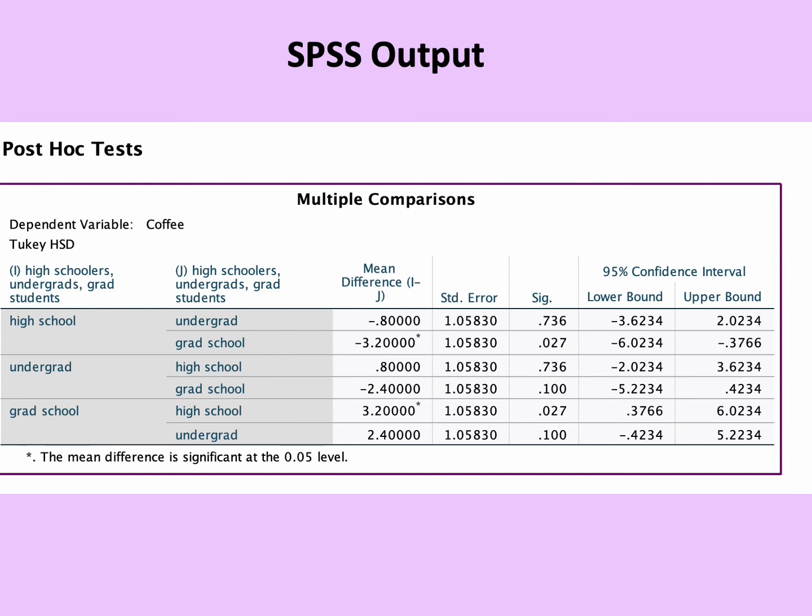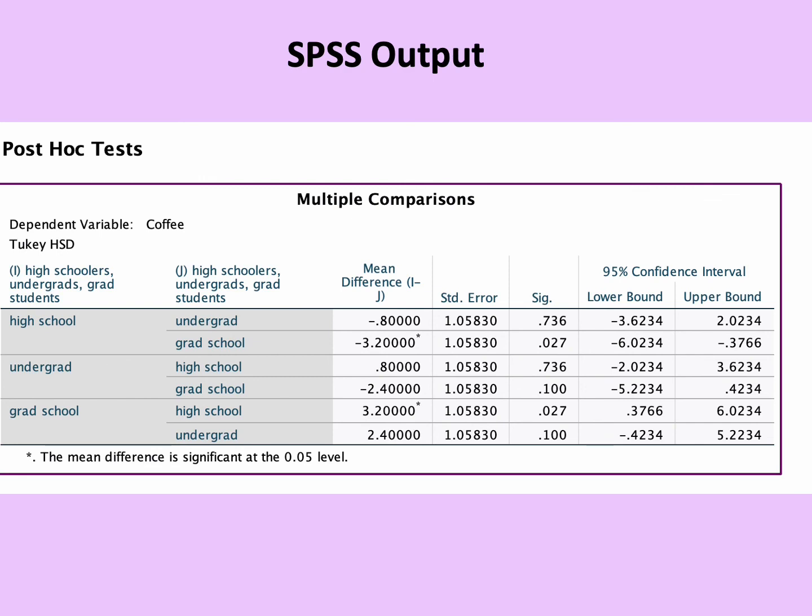So if we look over to the significance value, that's our P value. If we compare high school students to undergrad students, that significance value is 0.736, which is a lot bigger than 0.05.